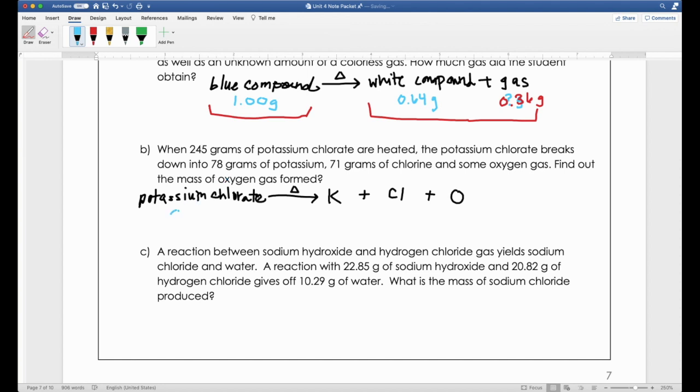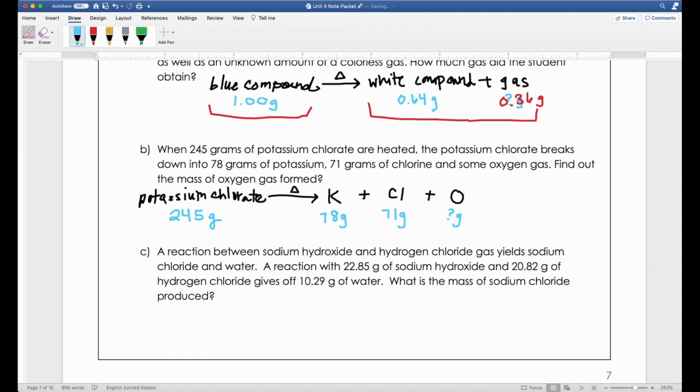So we have 245 grams of potassium chlorate. We heat it up, we break it down. We have 78 grams of potassium that's produced, 71 grams of chlorine, and we want to know how many grams of oxygen.